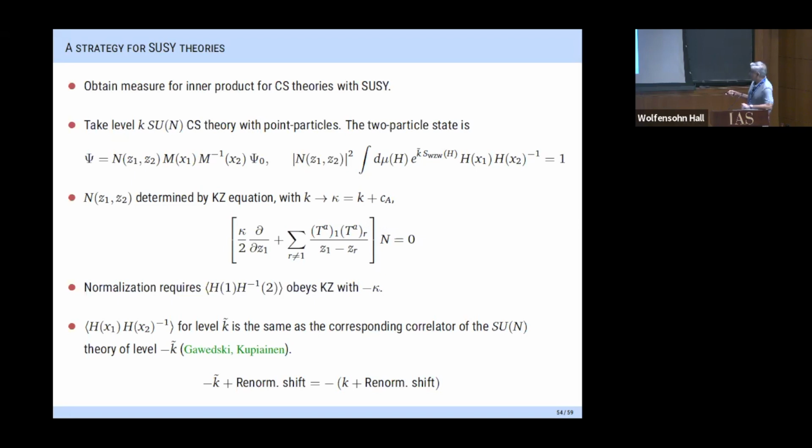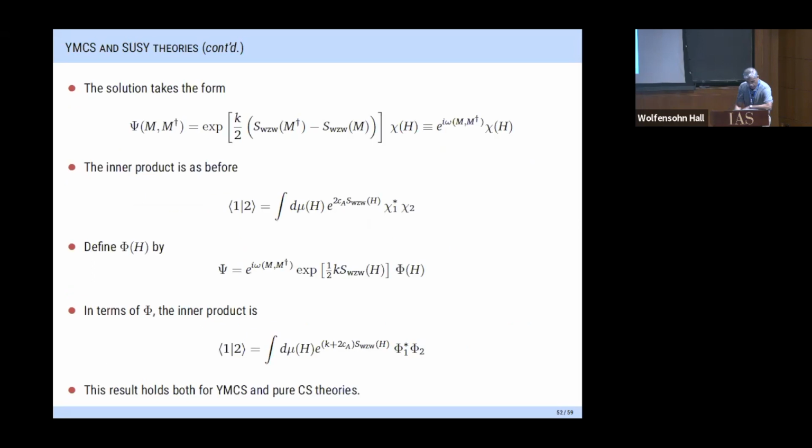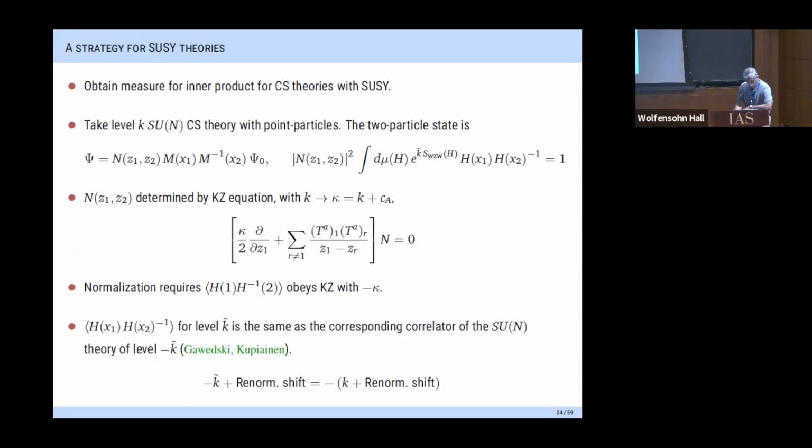When you have a Hermitian matrix model, a Hermitian Wess-Zumino-Witten model at level K tilde, they can show, with an analytic continuation argument, that if you give me level K tilde, then for the Hermitian theory the correlation function is exactly the same as the correlation function of the SU(N) theory with level minus K tilde. This is the result that comes from analyzing the conformal field theory.